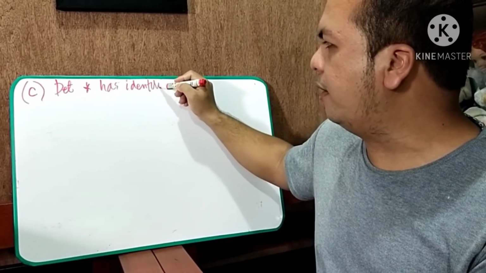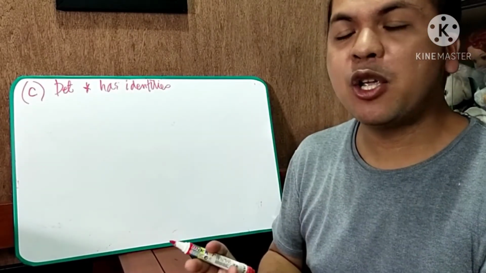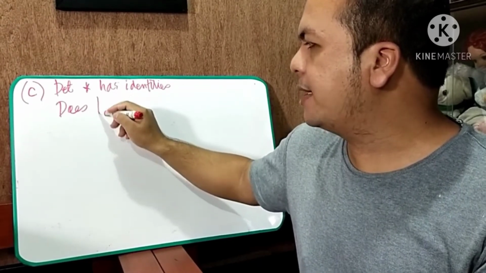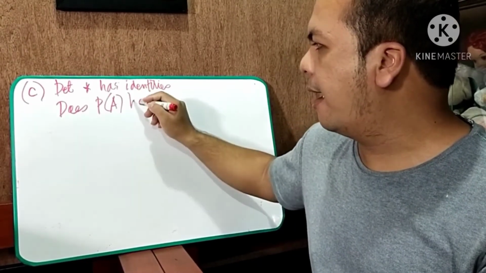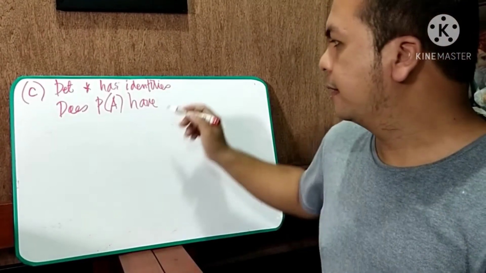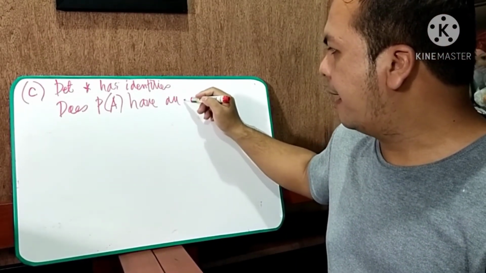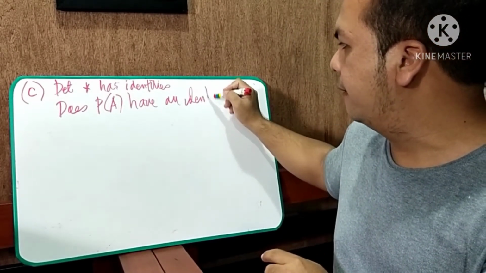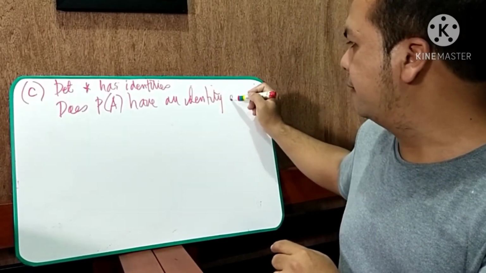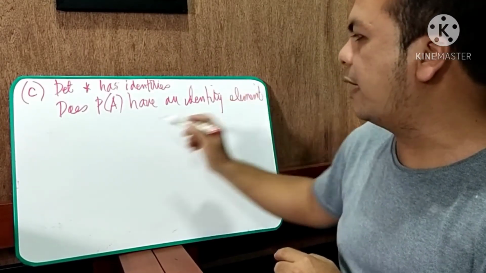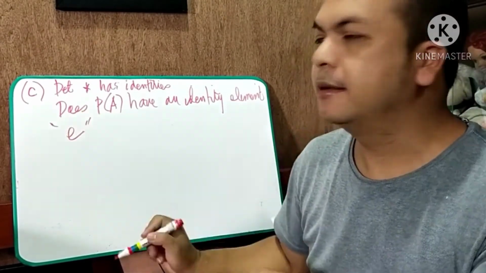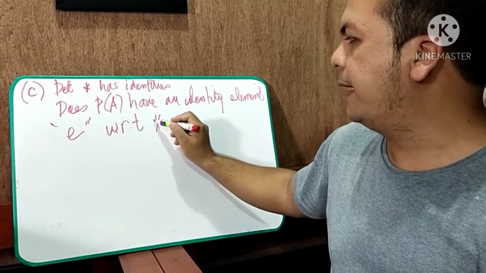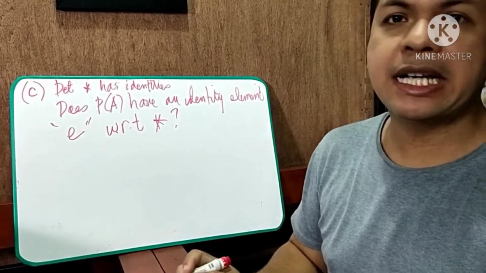Or ibig sabihin lang dito na yung set ba natin, yung power set ba natin ay does the power set of A have an identity element denoted by E with respect to the binary operation star. So, yun ang ibig sabihin niya.